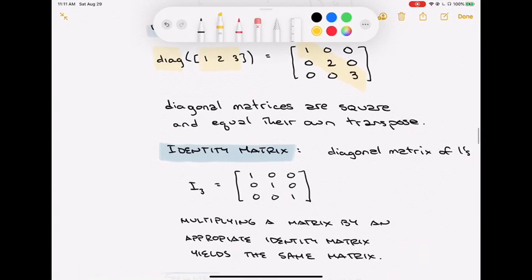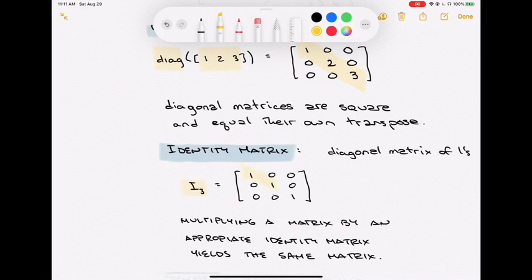There is something called an identity matrix. An identity matrix is just a special case diagonal matrix where all of the elements are 1. So if you have a diagonal matrix of all 1s, we will call it an identity matrix. I've given an example here of I3. I subscripted that 3 just so you know the dimensionality of it. This is a 3 by 3 identity matrix.